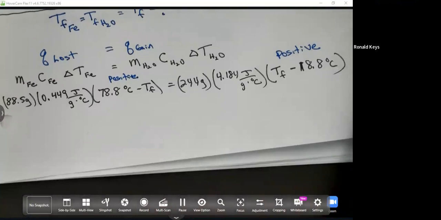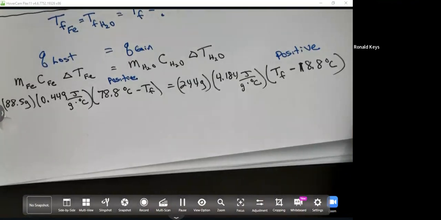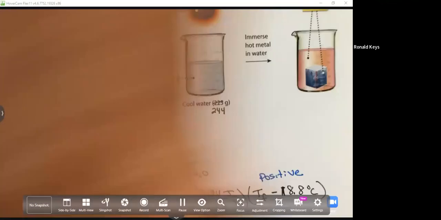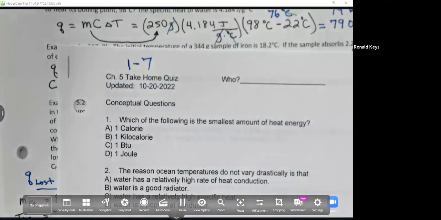On the quiz, questions 1 through 7 match up perfectly. So on the chapter 5 quiz, if you take a look at 1 through 7, that'll get you in a perfect spot.